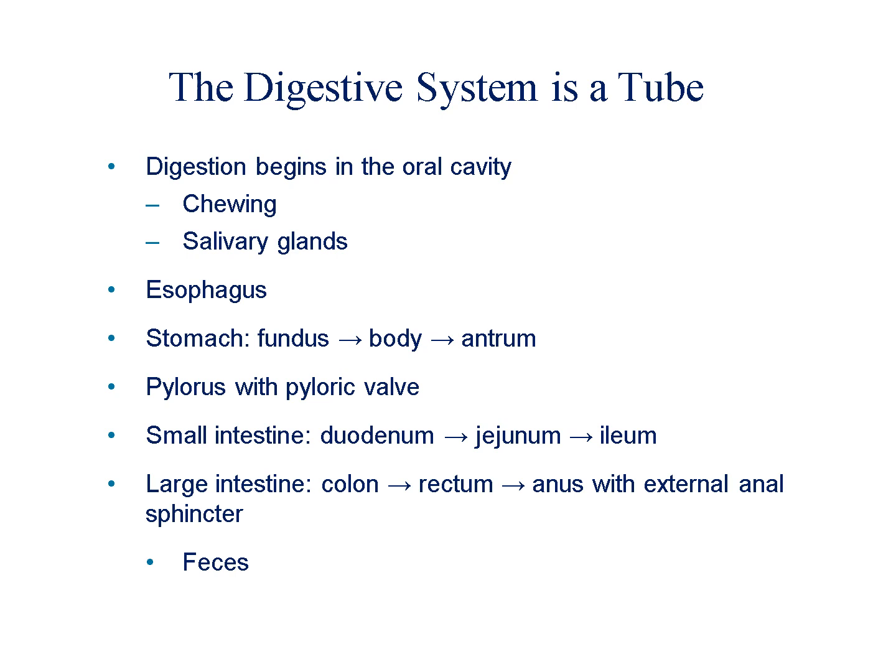Following nutrient absorption, any remaining waste enters the large intestine, where water is reabsorbed and beneficial bacteria further process the material. The large intestine consists of the colon, rectum, and anus, with the external anal sphincter controlling the final elimination of solid waste, known as feces.